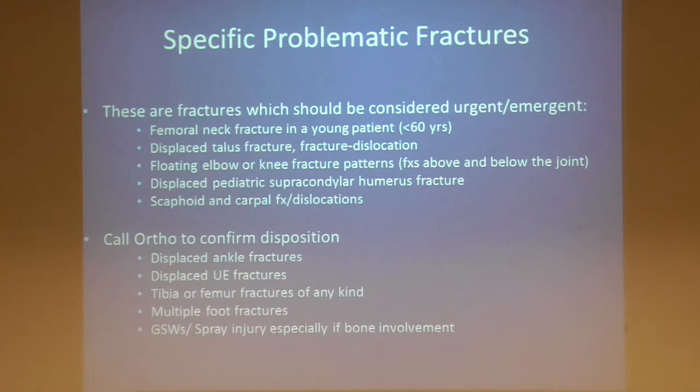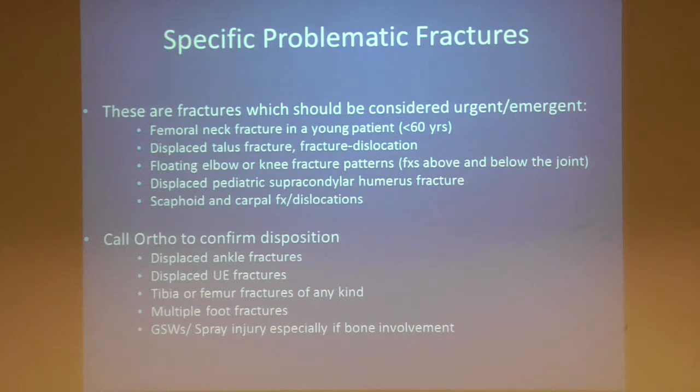And 60 is not a hard and fast age, depending on who you ask, but I think that if you consulted on anybody under 60, they'd be very pleased to get that consult early on, as opposed to some of these hip fractures where we get the consult the next morning, which is not a big deal. Displaced talus fracture, fracture dislocation, those are more obvious. Floating elbow or knee, so those are fractures above and below either the elbow or knee joint.